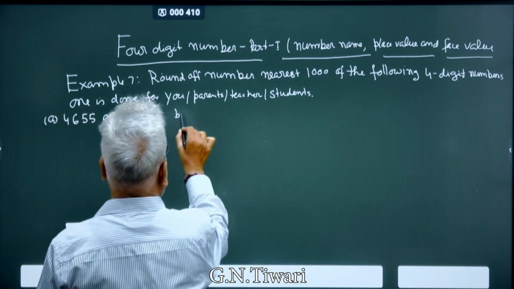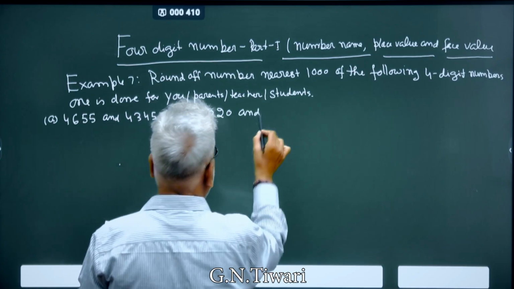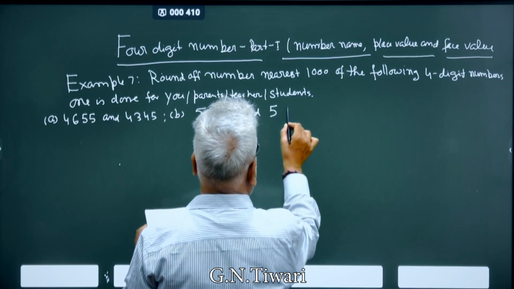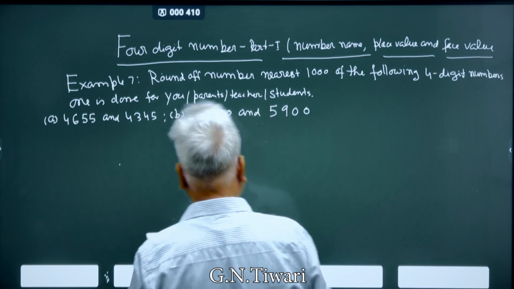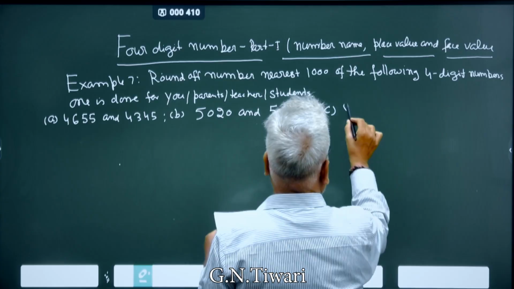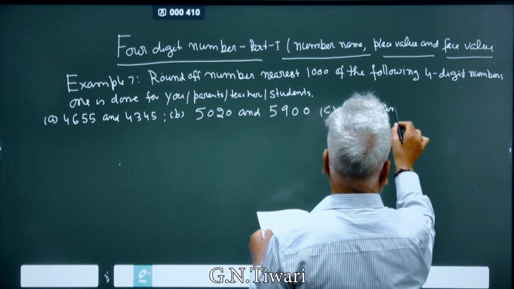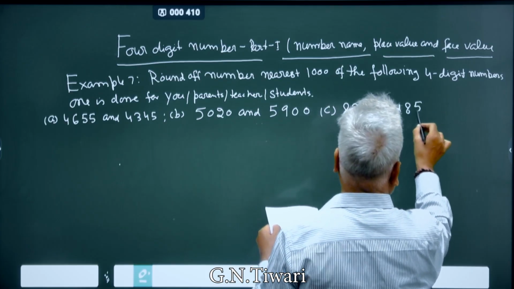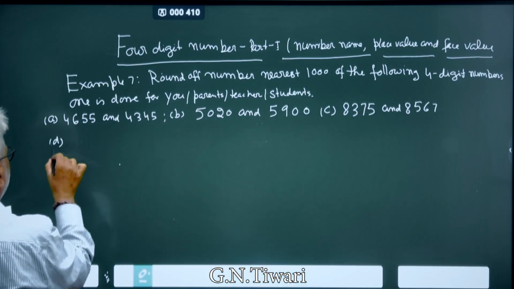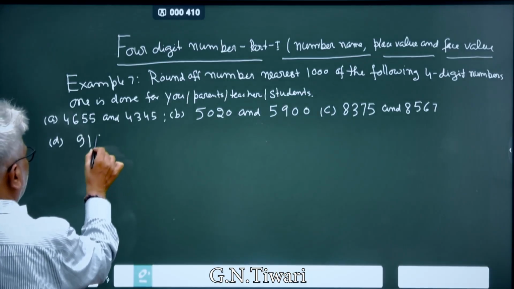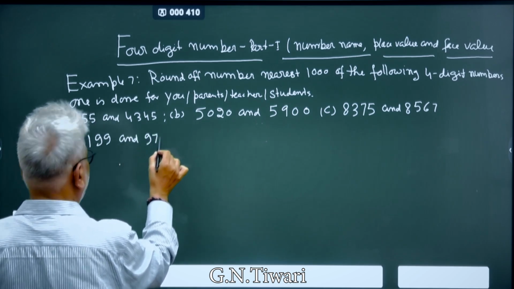Then B 5020 and 5900. C 8375 and 8567 and D is 9199 and 9720.